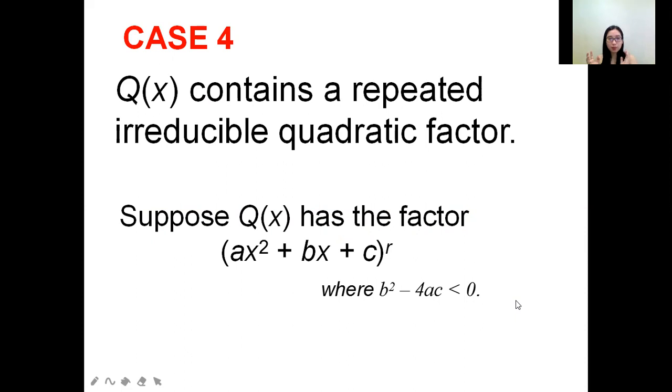So we're about to complete pa di ay, kay we're on the case 4 pagyapon. So suppose q of x has a factor of ax squared plus bx plus c to the power of r, or in terms of repeated na irreducible quadratic factor, where the discriminant still is less than 0.